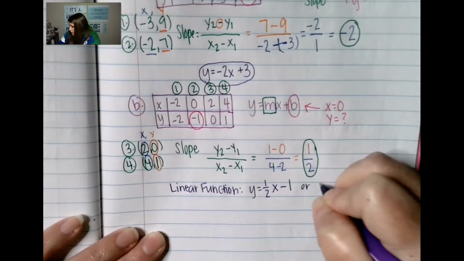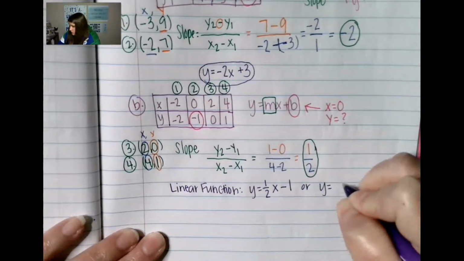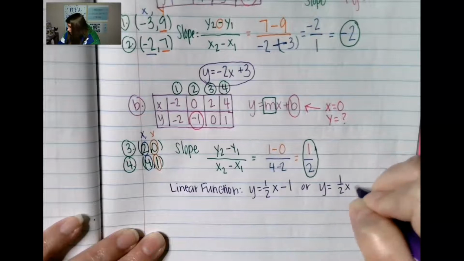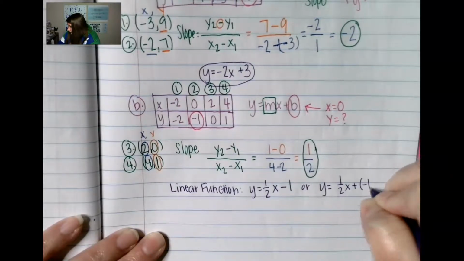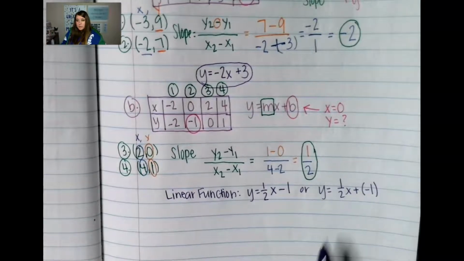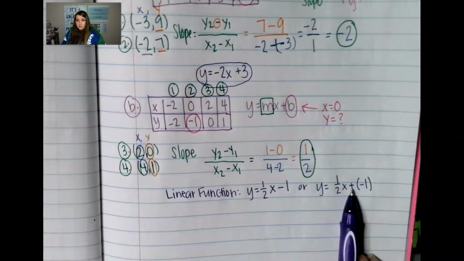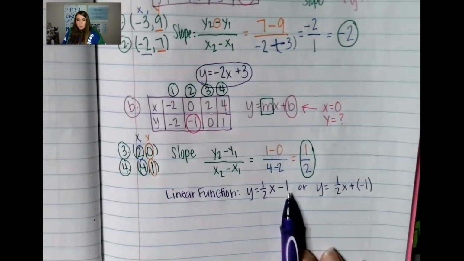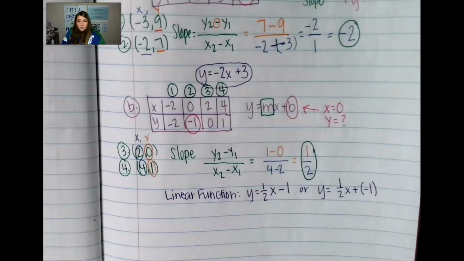Or if you want, you could write it as y equals 1/2 x plus a -1. They mean the exact same thing. If you prefer to keep it in the plus, go for it. If you want to make it a -1, totally fine too.